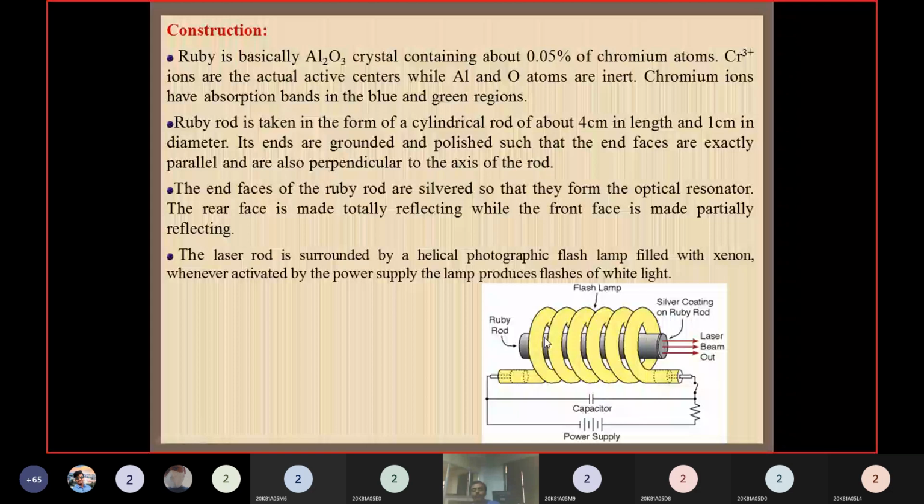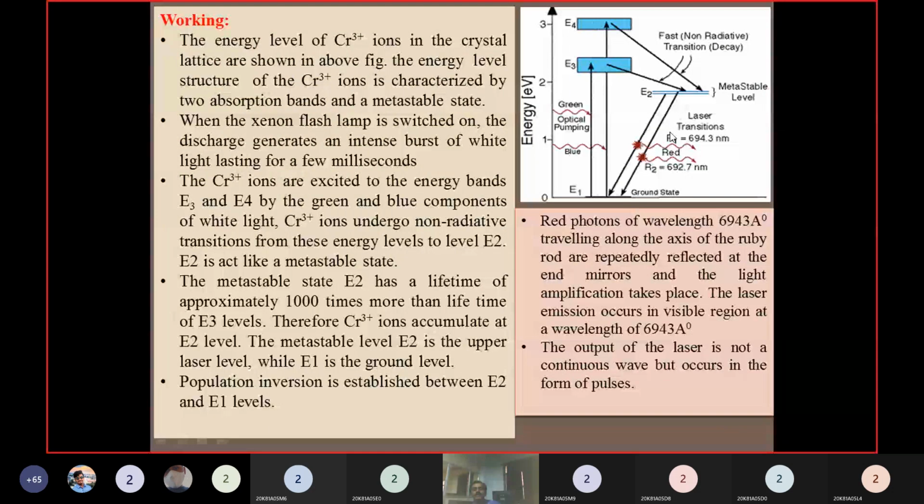These photons reflect back and again trigger the excited electrons. Again and again, the intensity increases and amplification takes place. Once the light reaches a particular intensity, it comes out from the ruby rod.